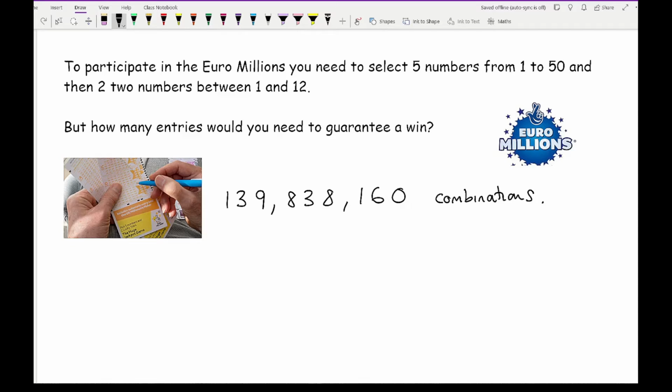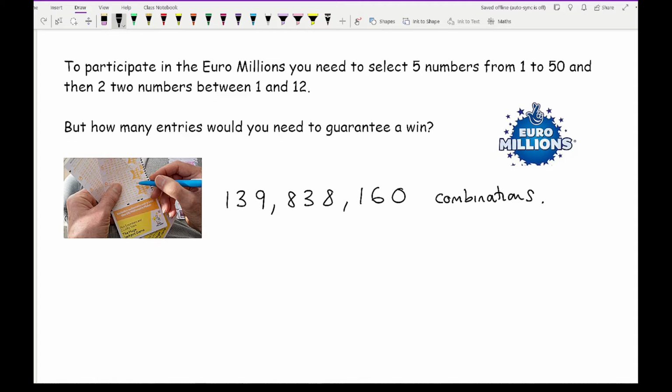So if you wanted to guarantee winning the national lottery, you'd need to buy 139,838,160 tickets to guarantee it. However, what you've got to think about is you will be spending that much, and each ticket costs about £2.50.